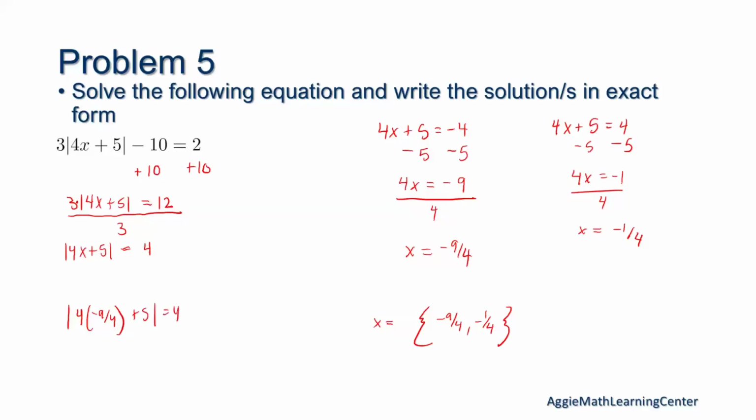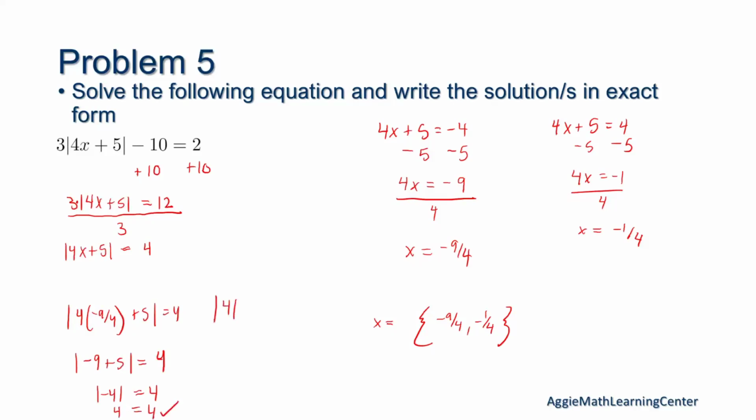That gives us 4 times -9 gives us -36 divided by 4 would give us -9, right? Plus 5 equal to 4. And then we have the absolute value of -4 is equal to 4. And when we use the absolute value operator on -4, that pops out a 4, which gives us 4 equals 4, which is true, right?